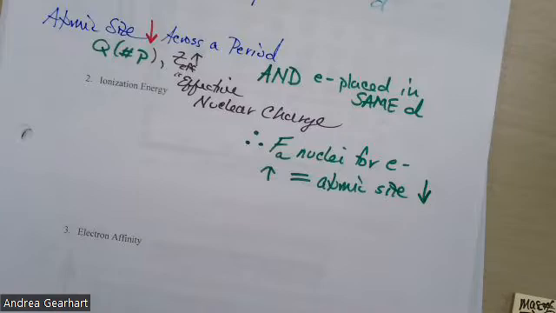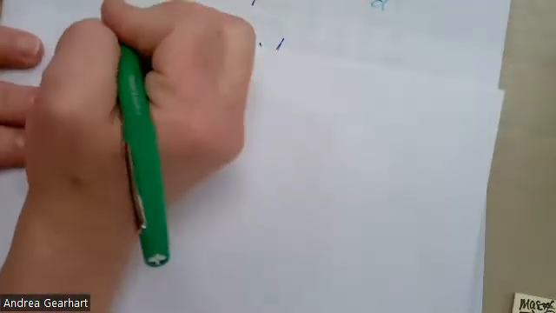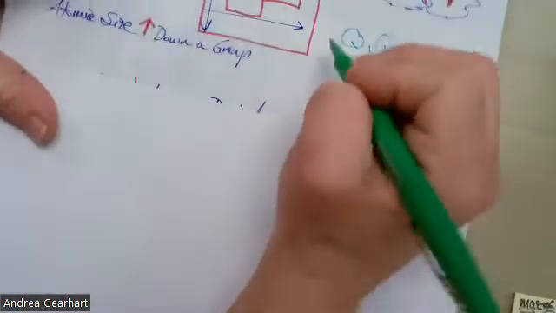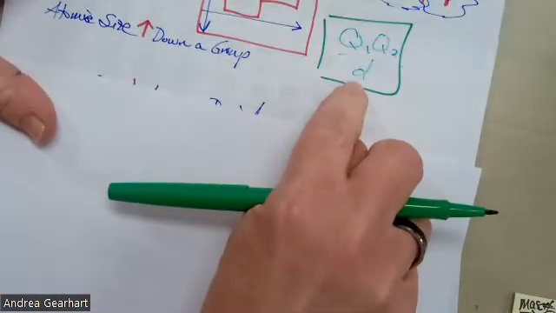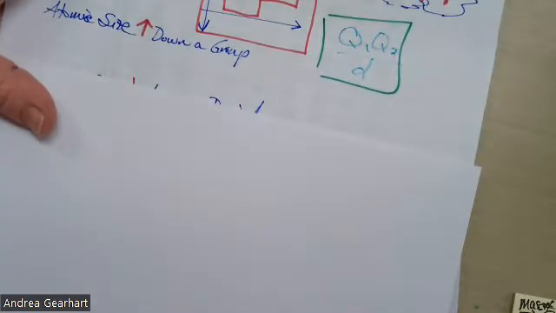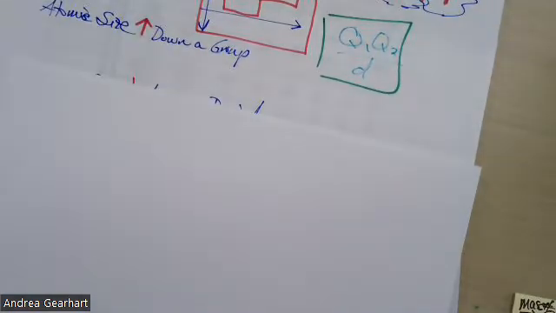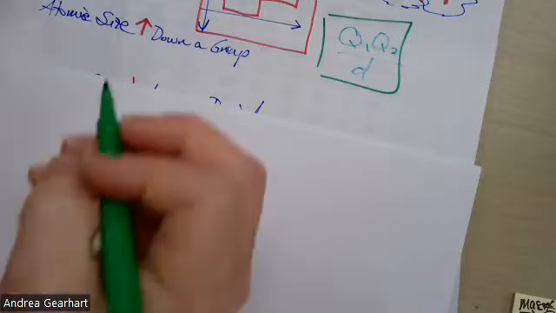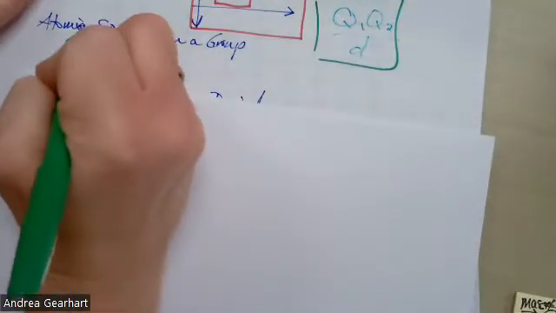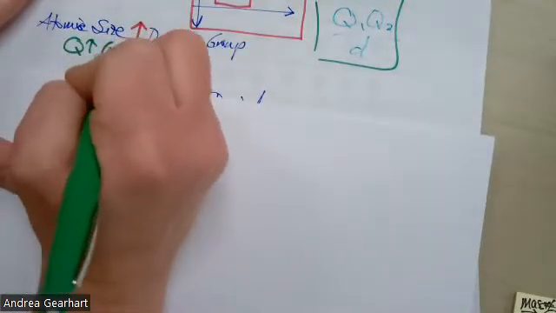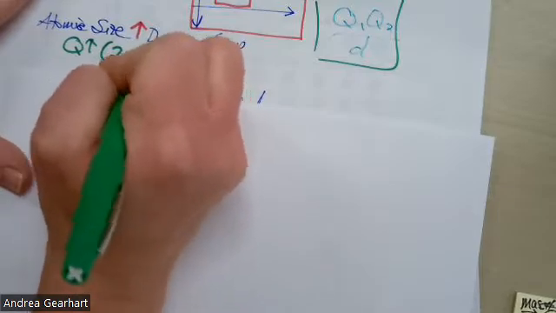All right. So then what is going on as we go down? We're getting larger. So Coulomb's law. What's going on with the Q? As we go down, hydrogen 1, lithium 3, sodium 11, more protons. So Q is increasing, or we could say ZEFF is increasing.